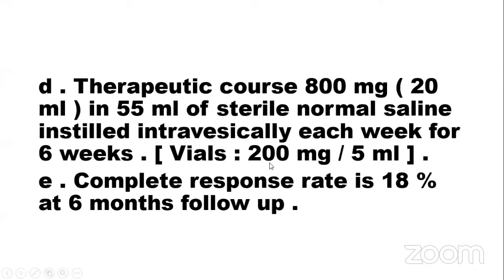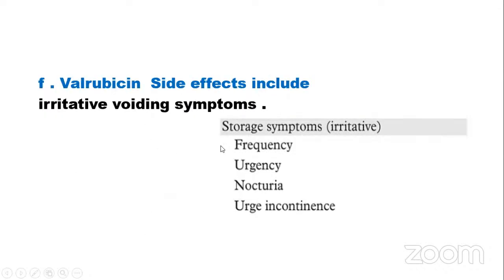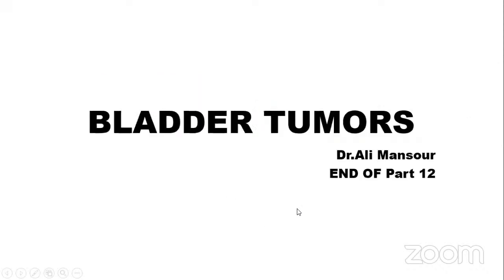The complete response rate is 18% at 6 months of follow-up. As for valrubicin side effects, it also leads to irritative symptoms: frequency, urgency, nocturia, and urge incontinence. Thank you very much. This is the end of the lecture.